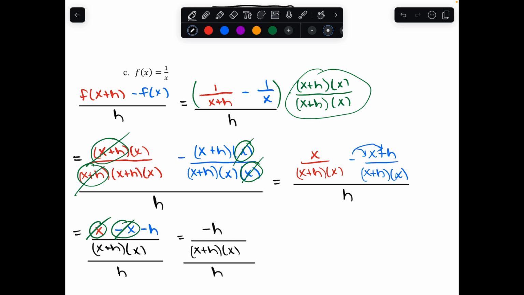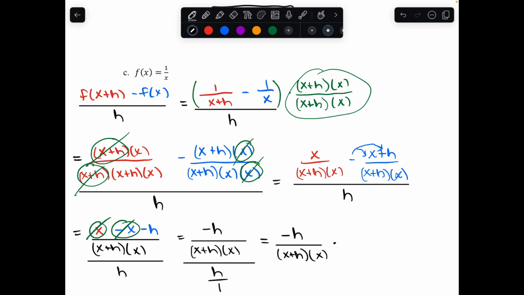Now, anytime I have a fraction divided by something, I can rewrite it by multiplying by the reciprocal. So I'm going to rewrite h as h divided by 1. So this becomes negative h divided by (x plus h) times x, times the reciprocal, which is just the bottom fraction flipped.